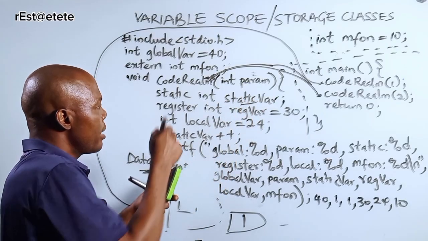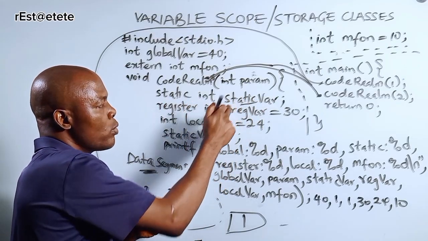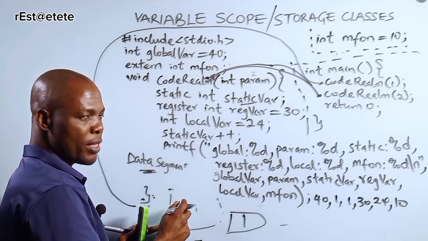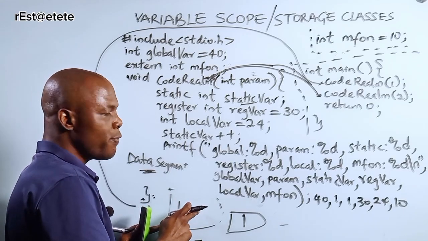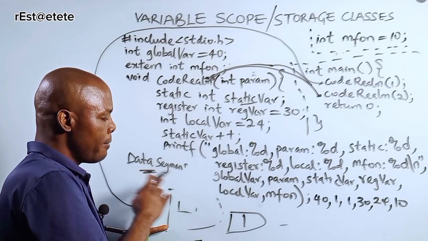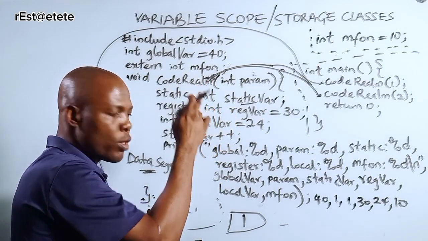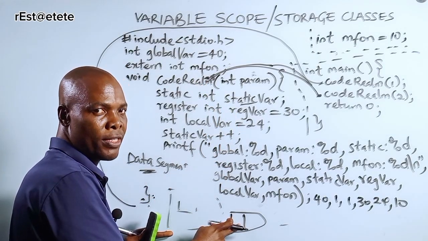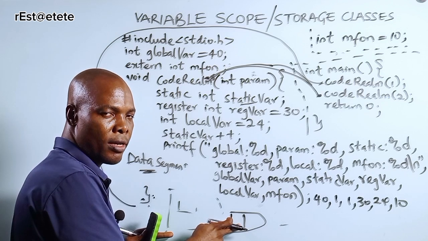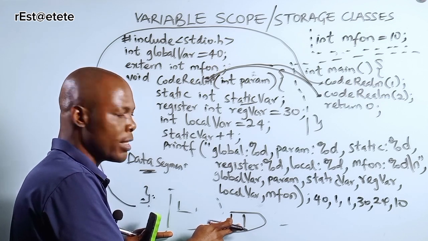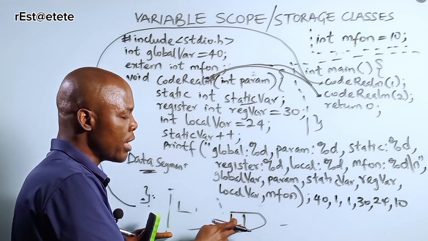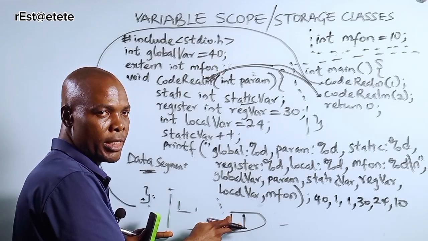Then it will enter this function again and it will print the static variable. Don't forget, this static variable was not created in the same space with that function. So when the function exited, it did not destroy the static variable. The static variable was still holding the value, so it can still remember the past. Whatever the value was then, which was 1, it retained.